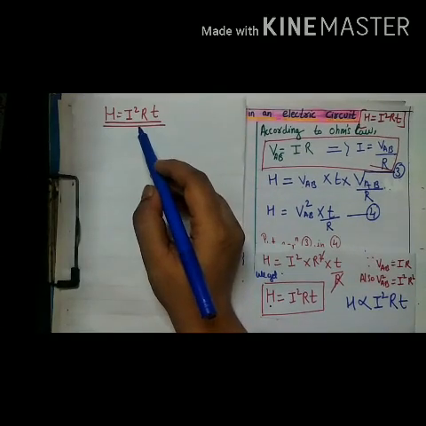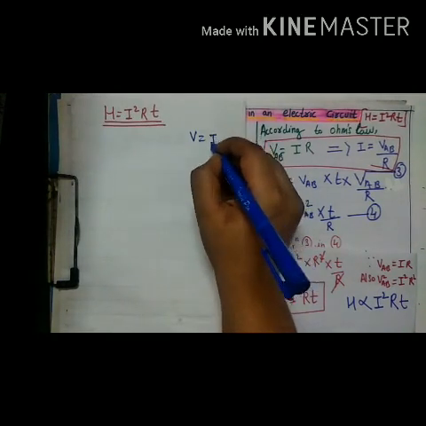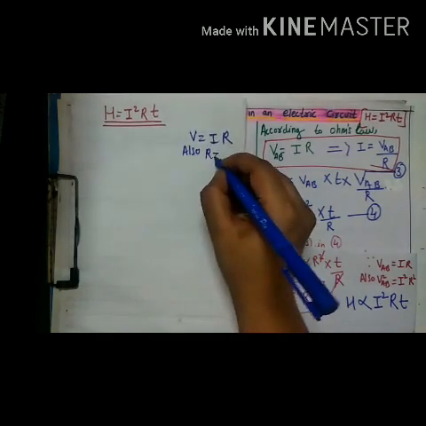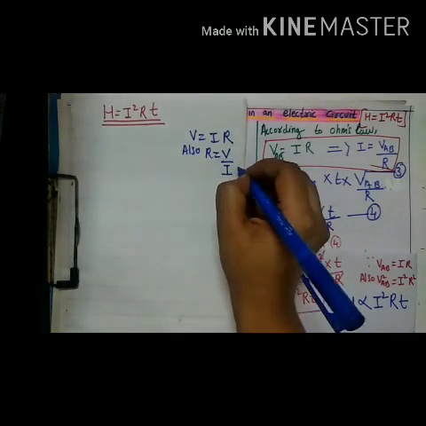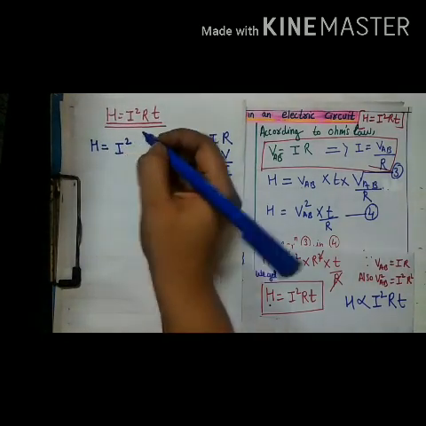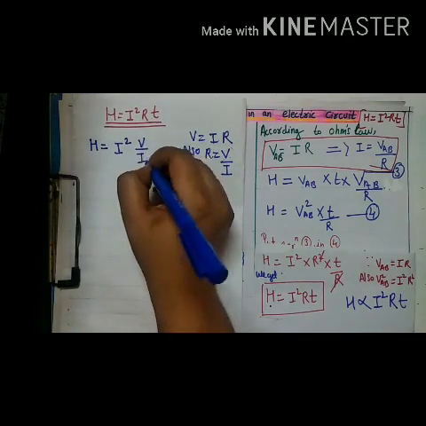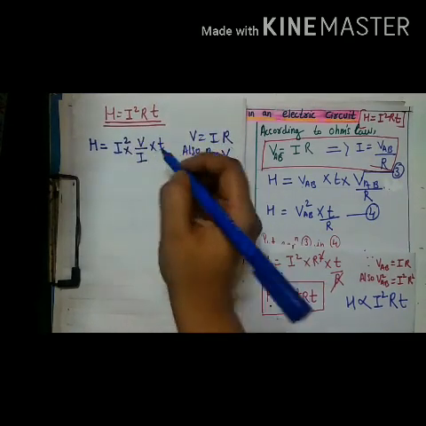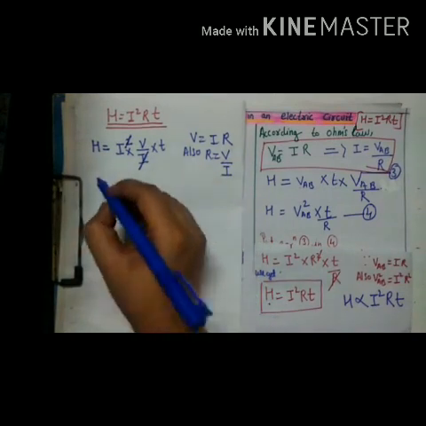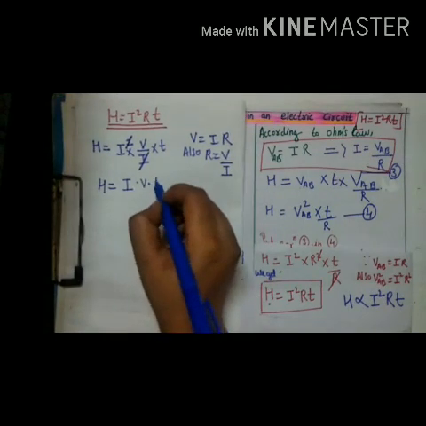Using this formula, we can produce different formulas. According to Ohm's law, V = IR, also R = V upon I. Then the formula of heat becomes H = I² × (V upon I) × T. I from I square and I from the denominator get cancelled and the formula for heat becomes H = IVT.